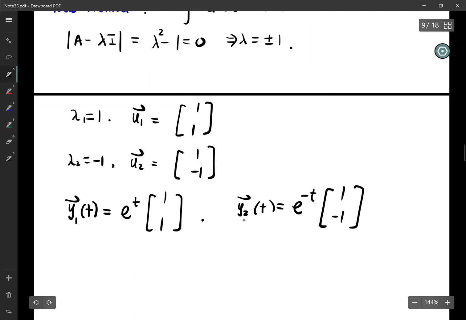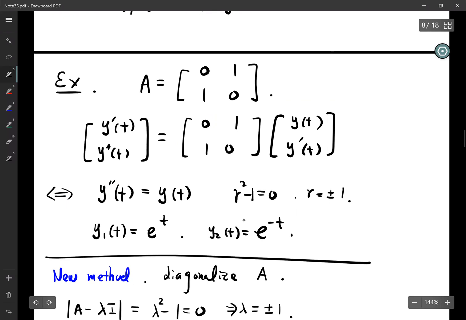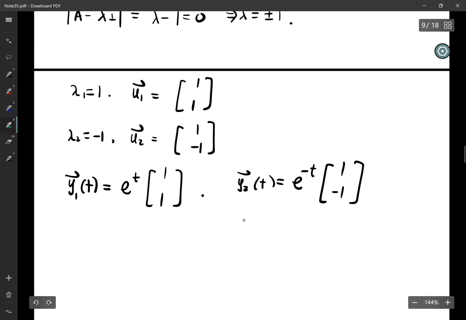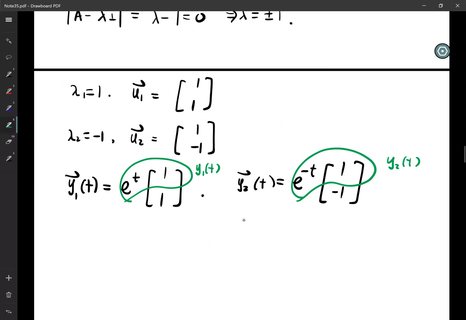If you want to extract the scalar solution y1, we only need to look at the first component. And this gives me the y1t and the y2t. You might wonder whether the derivative relation is satisfied.